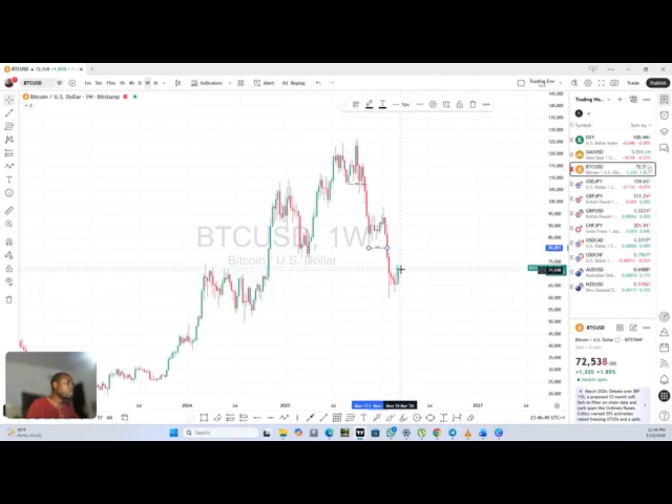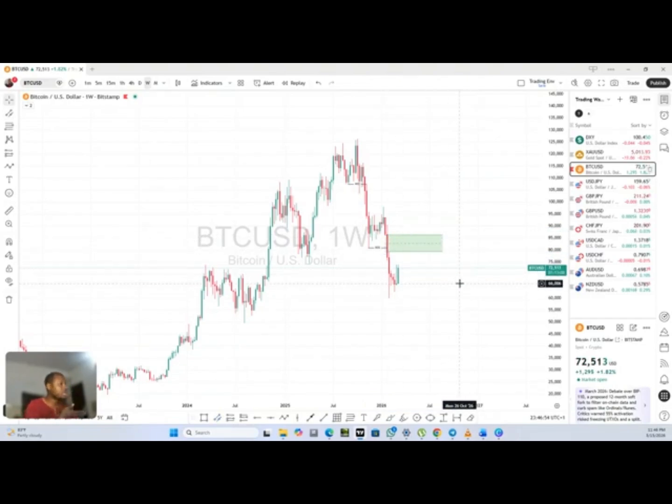Then market will go back to this FVG. Market will go back to this FVG. So what is my direction on weekly? Is bearish. So does that mean I must sell?